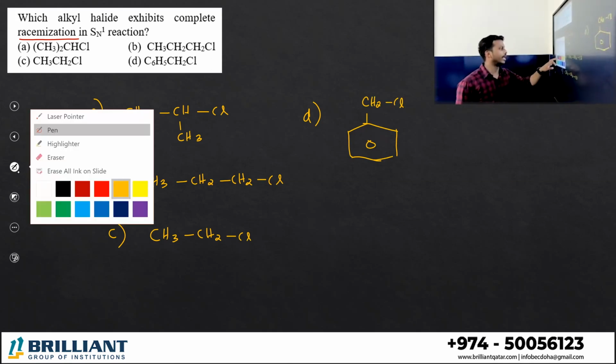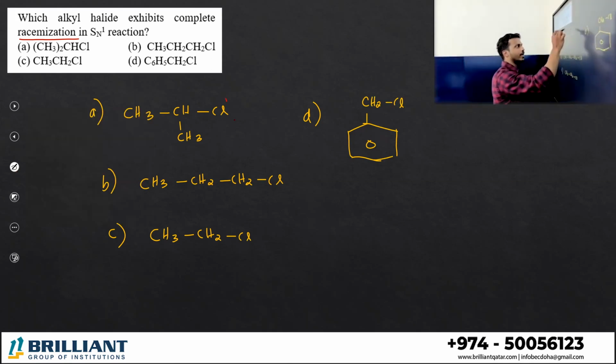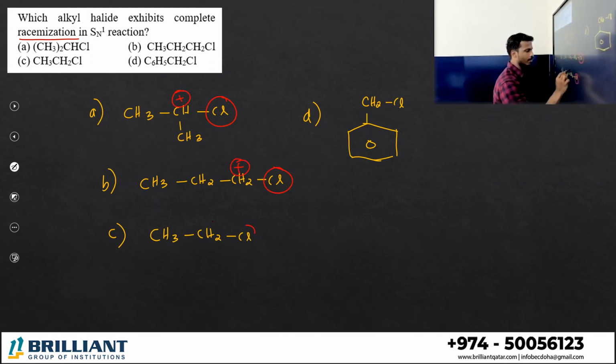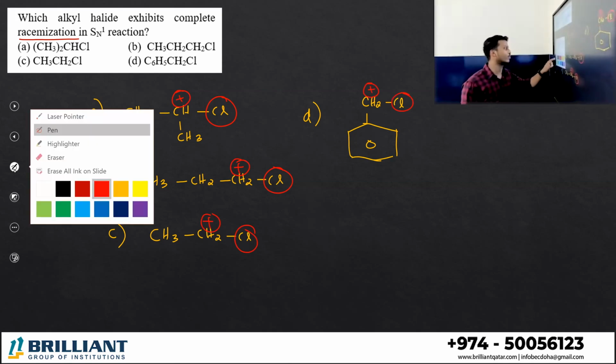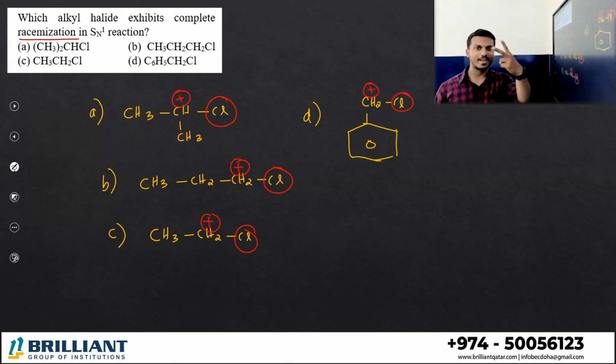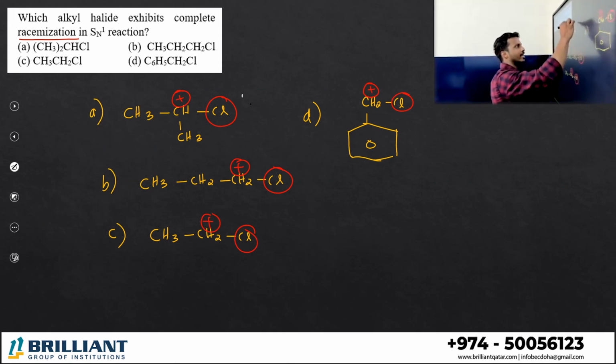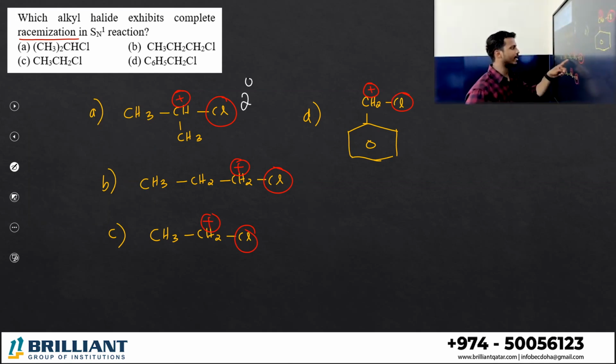All of you eliminate chlorine. If you eliminate chlorine, this is the carbocation, this is the carbocation, this is the carbocation, this is the carbocation. Which carbocation is the first one? The carbocation directly connected to 2 carbons, secondary. Here the carbocation is directly connected to only 1 carbon, primary.